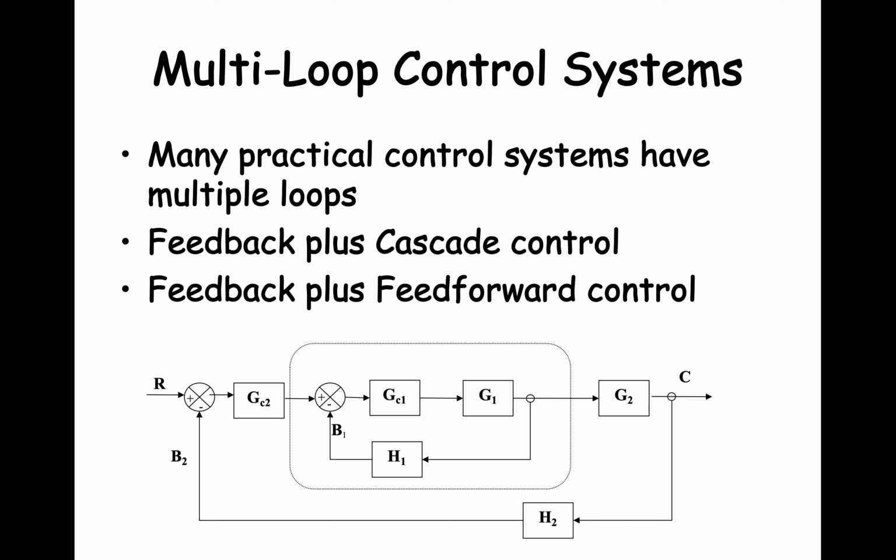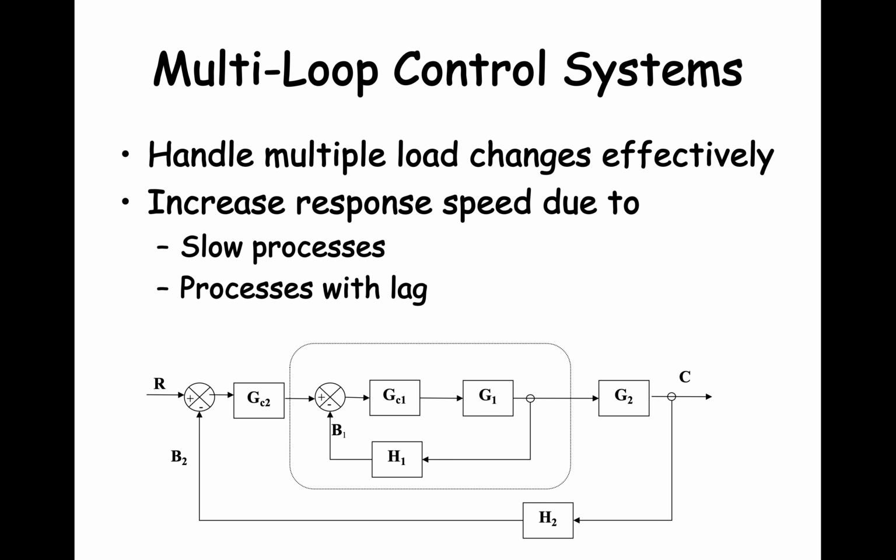The outer loop contains the inner loop plus G2, GC2, and H2. The reason for adding multi-loop control is to make the process or system handle multiple load changes more efficiently.